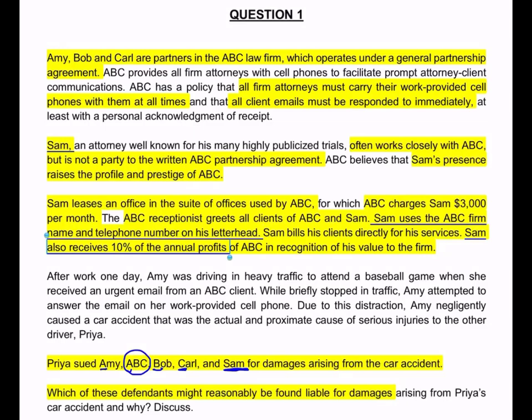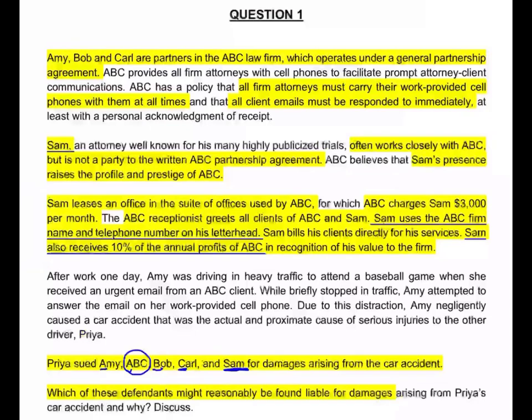So look at the structure of what this hypothetical did, the law professor who wrote this hypothetical. In the first paragraph, they gave us a partnership, and with the intent express for Amy, Bob, and Carl, but not for Sam. In the second paragraph, they gave us Sam, and they gave us basic facts about Sam, and then went on in the third paragraph to give us all kinds of detailed facts that let us argue whether Sam is actually impliedly intended to be part of this partnership.